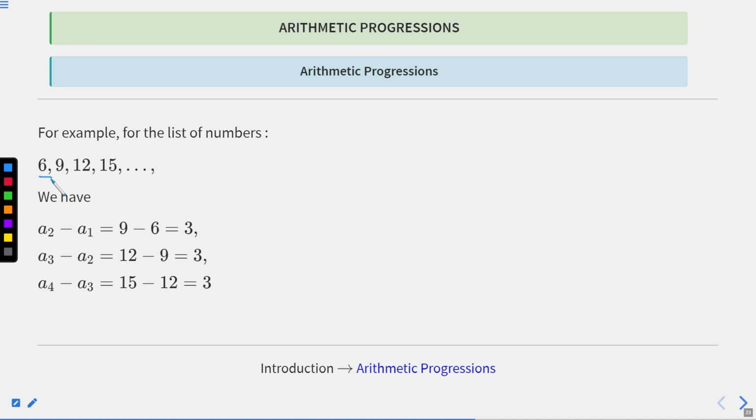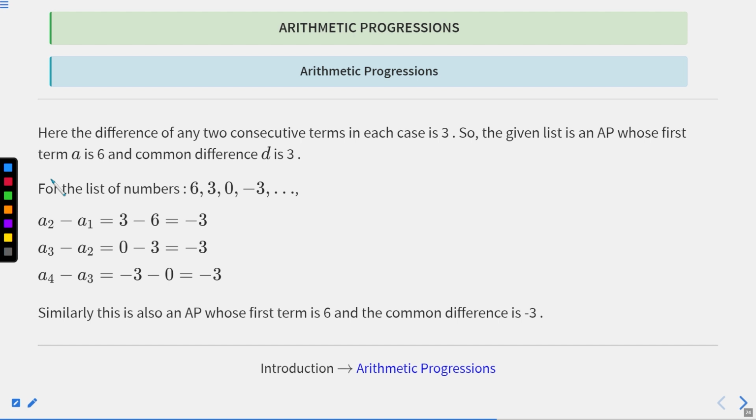And a4 minus a3 is 15 minus 12, which is 3. In each case, the difference of two consecutive terms is 3, and they are equal.